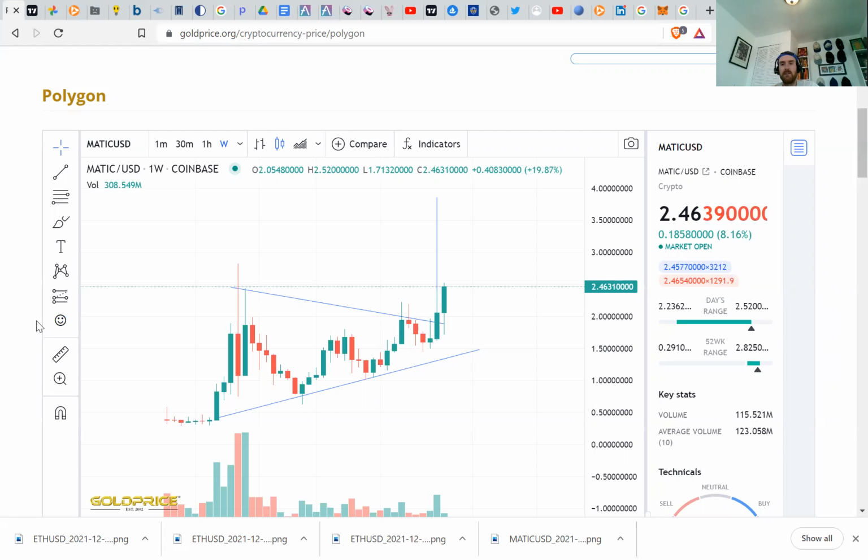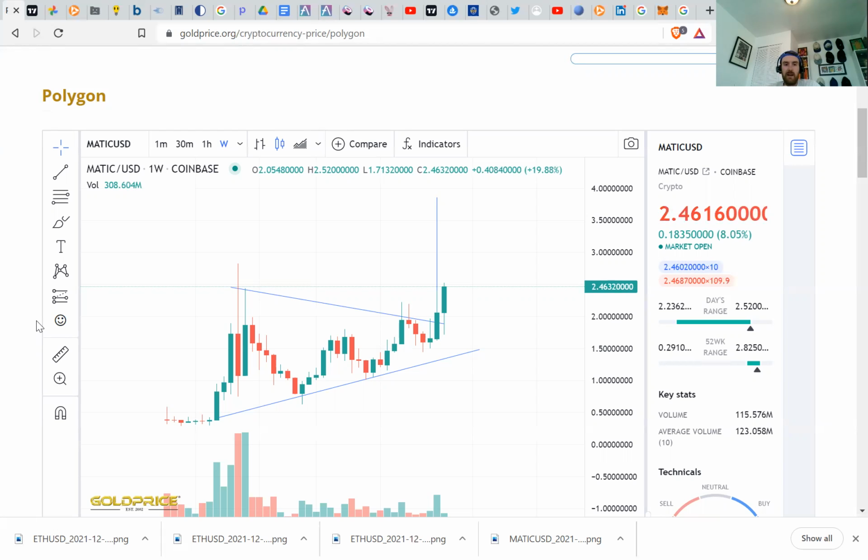I think the market is telling us we want to see more projects be Ethereum-centric and use Ethereum's roll-up solutions and use Ethereum as a settlement layer and as a security layer for your protocol, and kind of bend the knee to Ethereum. And I think that's what we're seeing with Polygon.